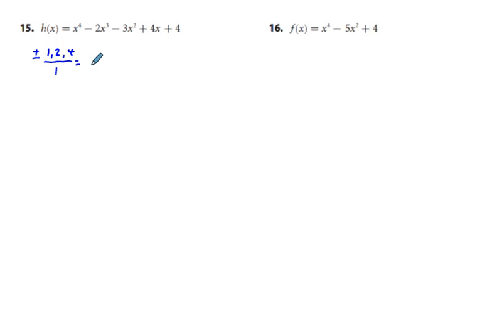So we're going to have plus or minus 1, plus or minus 2, and plus or minus 4. So definitely a smaller list. We're going to check the same way we did earlier. We're going to check x equals 1.